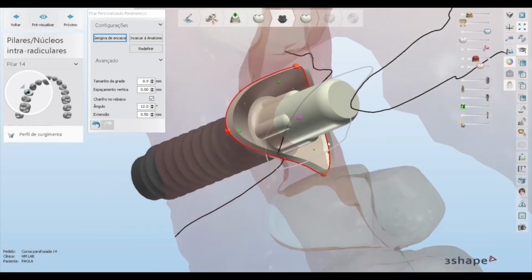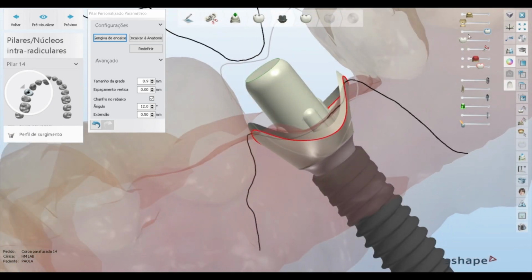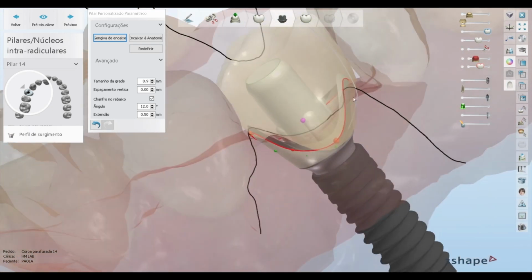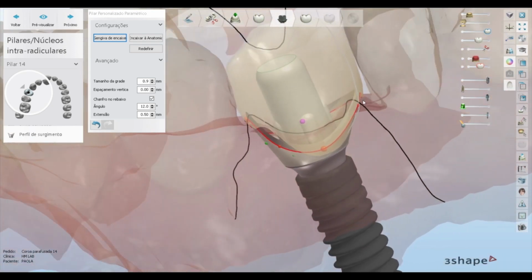There are some aspects to consider, like the shape of the proposed restoration, including anatomy, cusps, marginal ridges, and emergence profile, by analyzing and mimicking the anatomical features of the adjacent teeth. Occlusion is automatically computed from the antagonist teeth. We can choose from a huge range of materials and blocks.